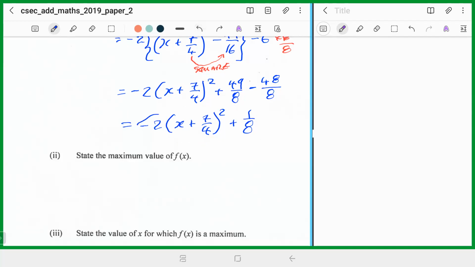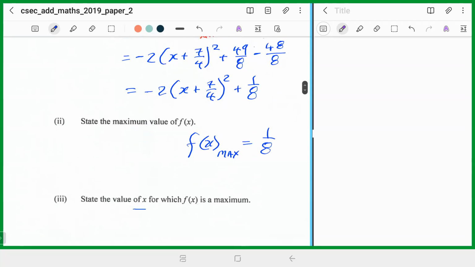Because you multiply with this negative number, you can only subtract from the 1 over 8. So the 1 over 8 is the maximum that the function can do. So the maximum value is y equals 1 over 8, or f of x max is 1 over 8.